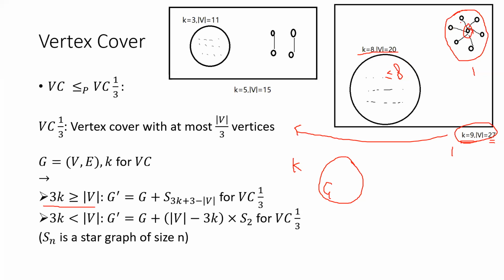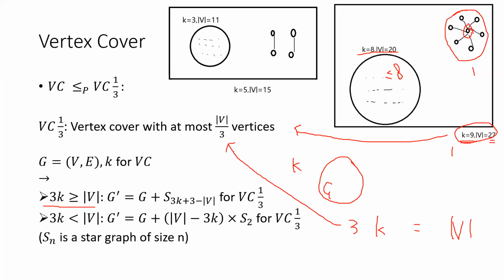If you are considering adding such a star graph, what we want is to make K and V have this relationship, and then we can directly put it into this problem, but they don't yet.